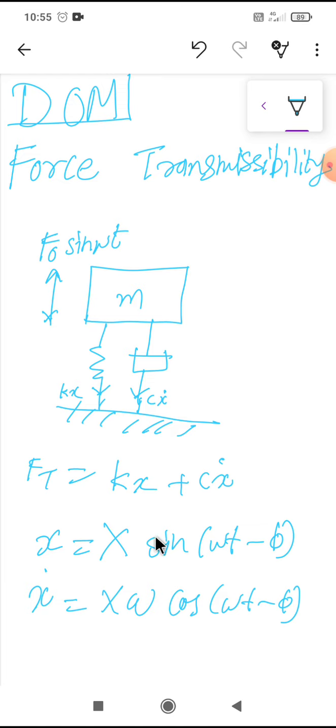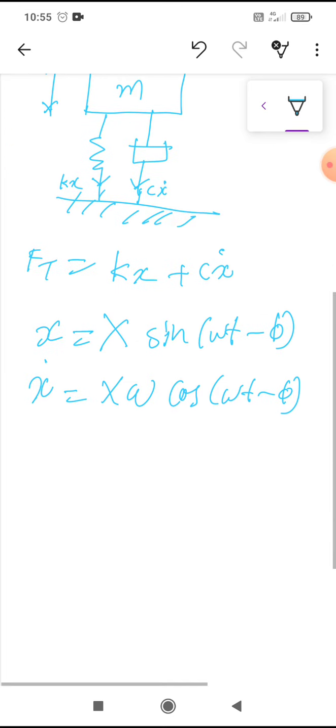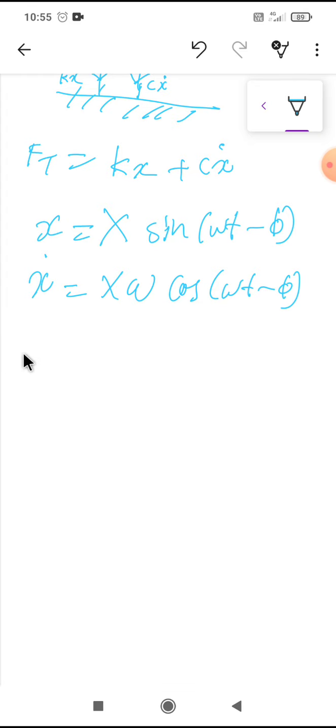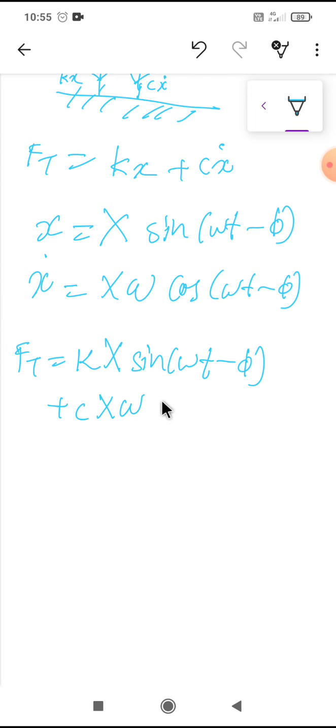Now we will use both these terms in this equation of transmitted force to the foundation. So f of t will be equal to k X sine omega t minus phi plus c X omega cos omega t minus phi.